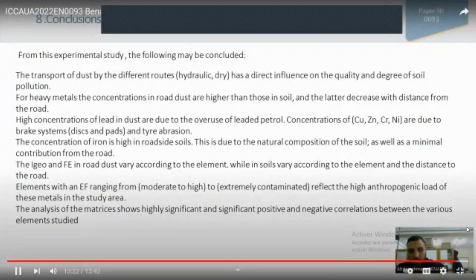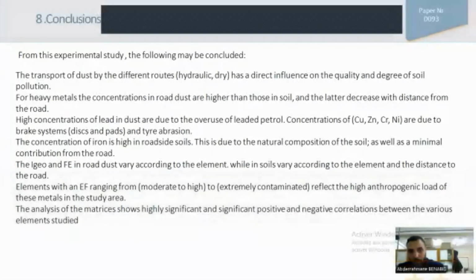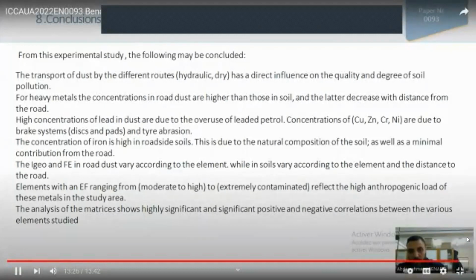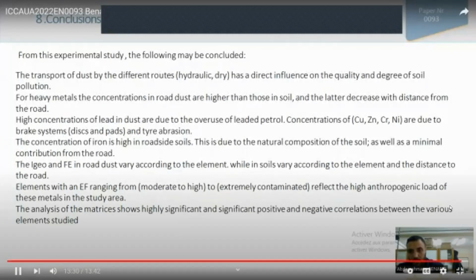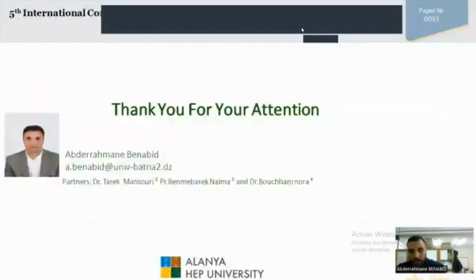The analysis of the matrices shows highly significant and significant positive and negative correlations between the various elements studied. Thank you for your attention.